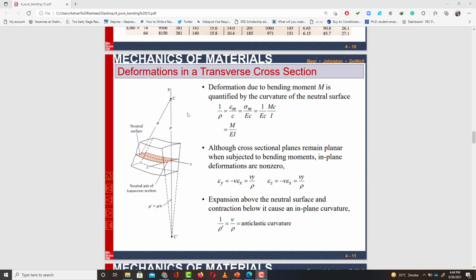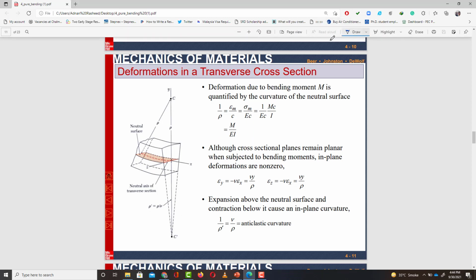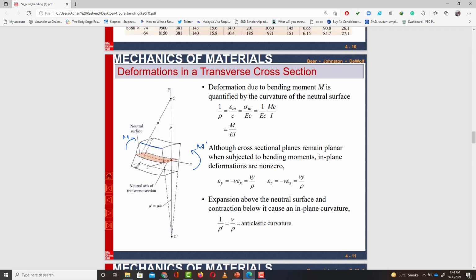Next topic is deformation in transverse section. As discussed previously, this was the beam that is bent due to the moment as shown here, M and M dash, and this moment was about the z-axis. Due to this moment there will be contraction in the upper portion and expansion in the lower portion.